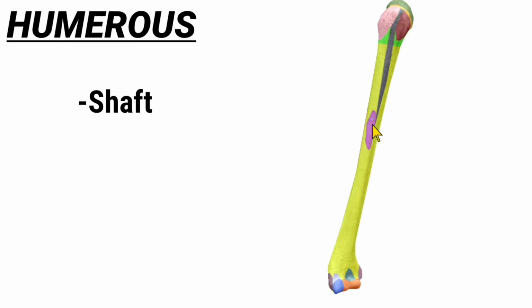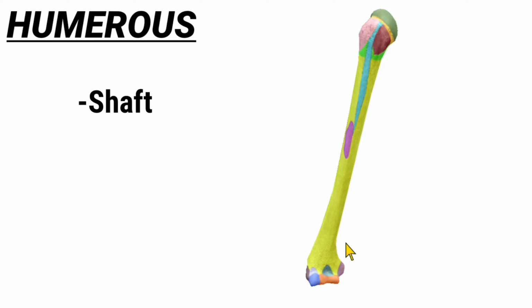This structure is the deltoid tuberosity, and the lower part of the anterior border is smooth. About the lateral border. This is the lateral border, which is prominent at the lower end and forms the supracondylar ridge, that is the lateral supracondylar ridge, because here is the lateral epicondyle.